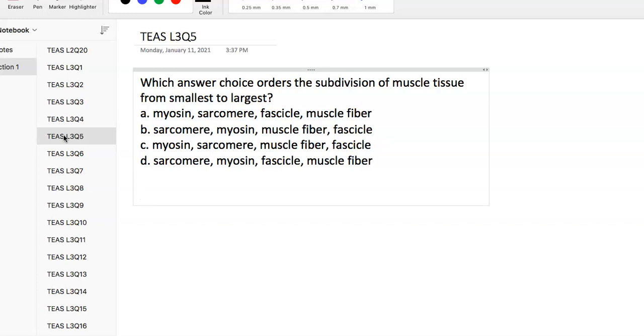The smallest components of muscle are the myofilaments, actin, and myosin. Sarcomeres are composed of myofilaments. Myofibrils are made up of repeating units of sarcomeres. Muscle fibers are composed of myofibrils, and multiple muscle fiber bundles form a fascicle.